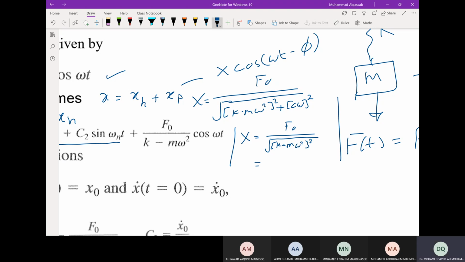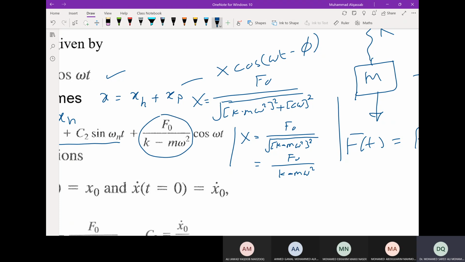When you reach this stage, you take this outside the square root, because this can be minus, right? But minus and square becomes always positive, so you have to take this outside the square root. So it is f naught over k minus m omega squared, as you can see here.